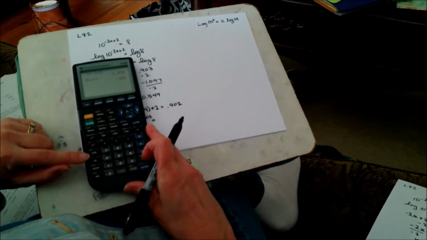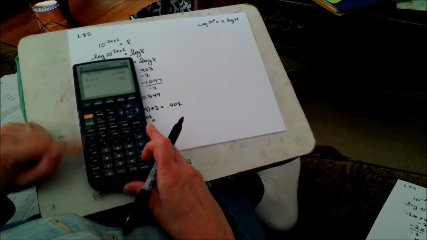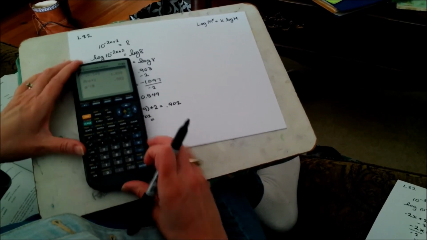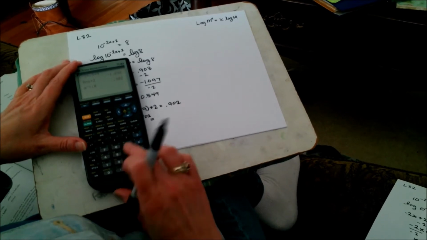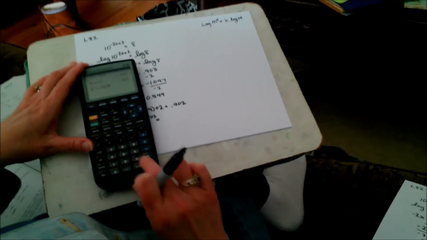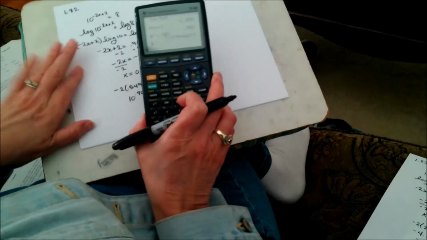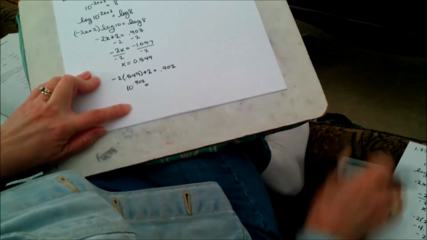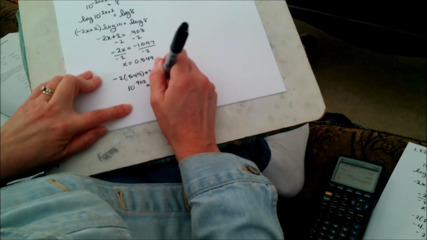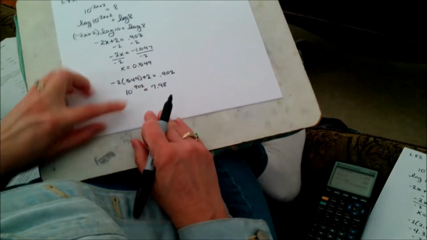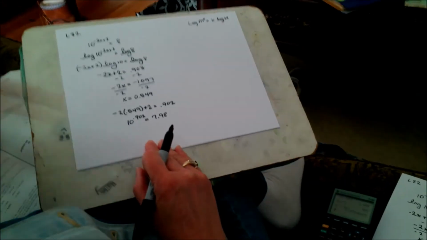So I do my second function here, which gives me 10 raised to 0.902, enter. I get 7.98, which is approximately 8.